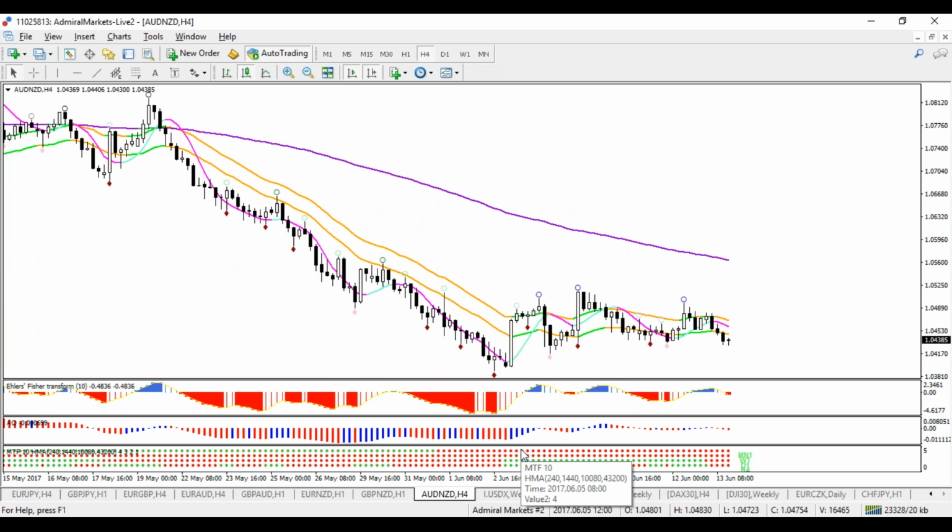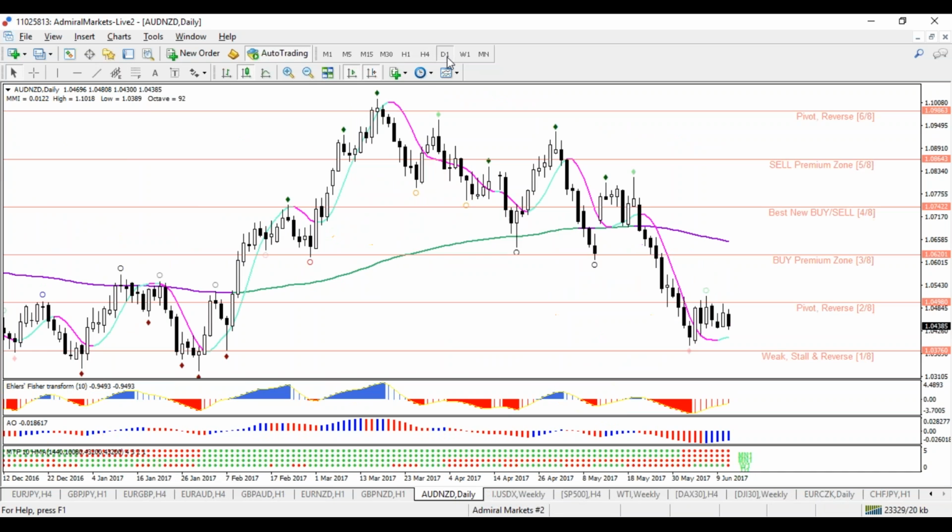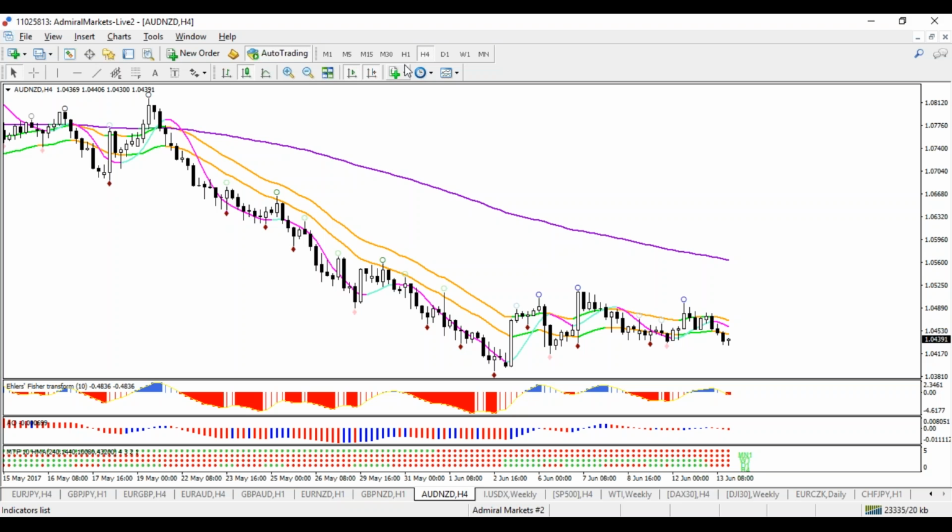Here it is, New Zealand right here. On New Zealand, pretty much in a downtrend, very clearly.